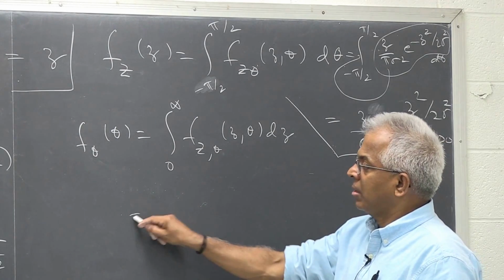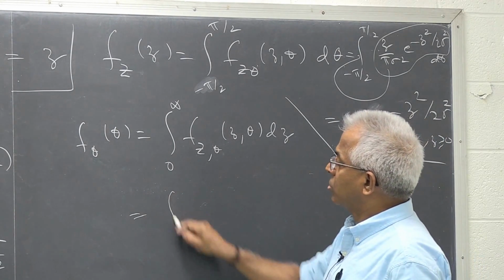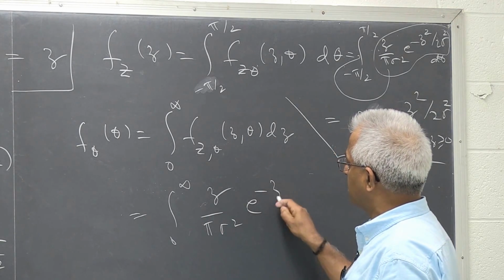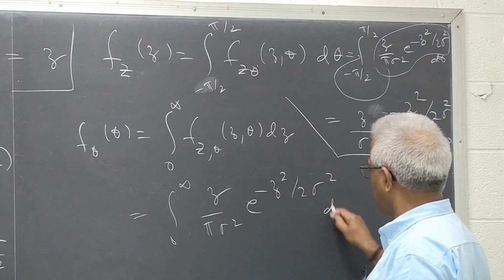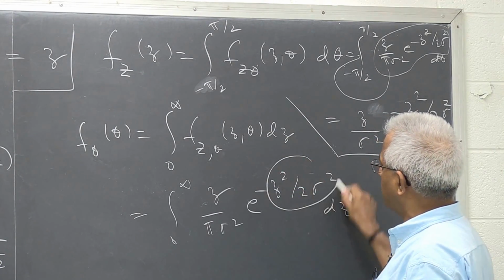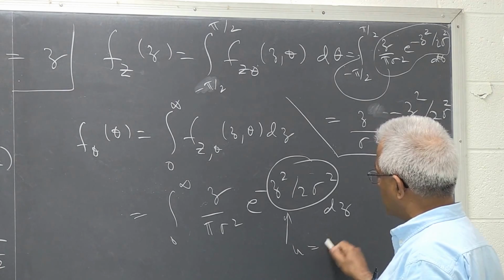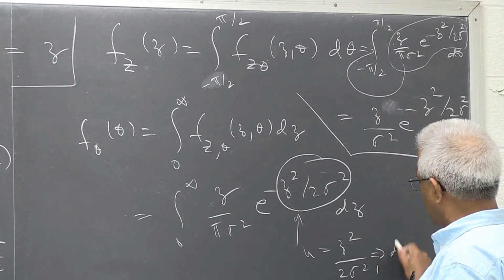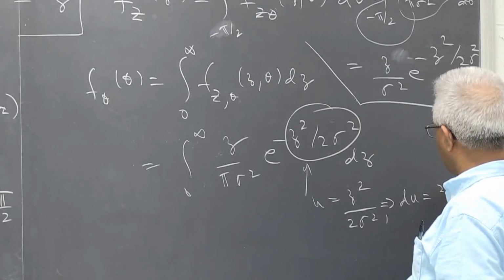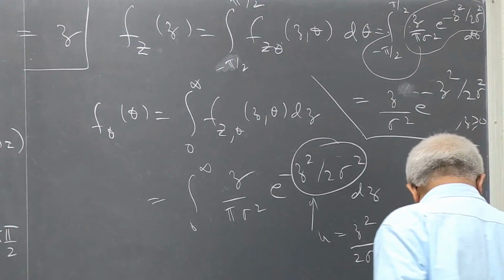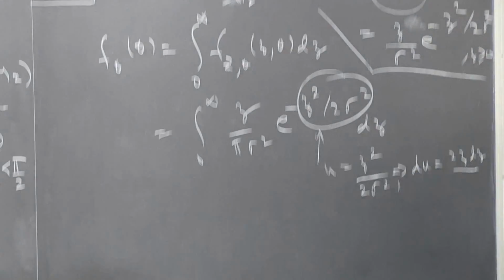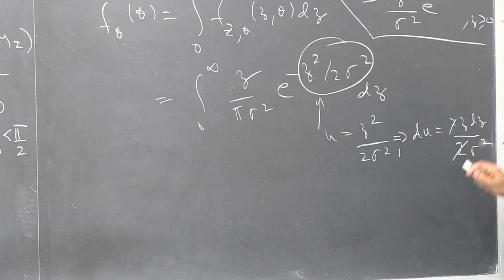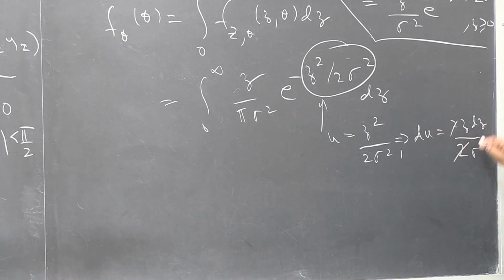And here, 0 to infinity z over pi sigma squared e raised to minus z squared over 2 sigma squared dz. So the easiest thing is you put this equal to u. So u I am going to substitute as z squared over 2 sigma squared. So this means du is 2z dz over 2 sigma squared, 2 cancels. So you get du is z dz over sigma squared.